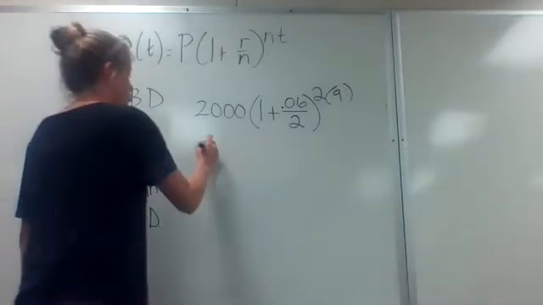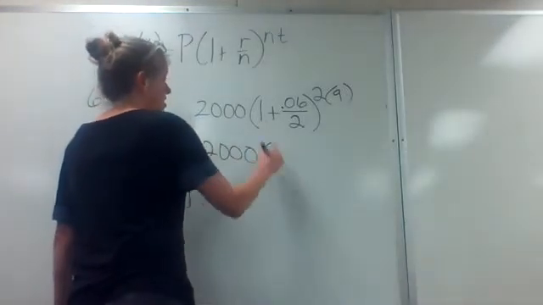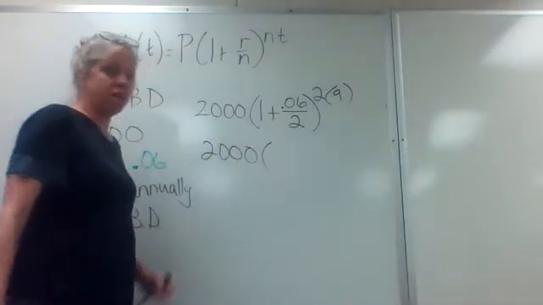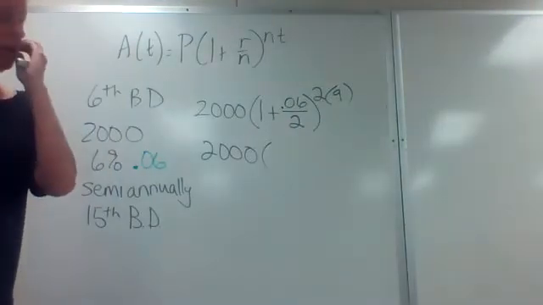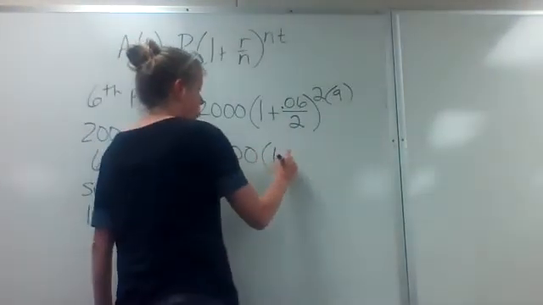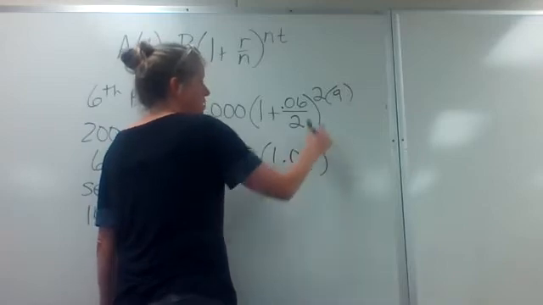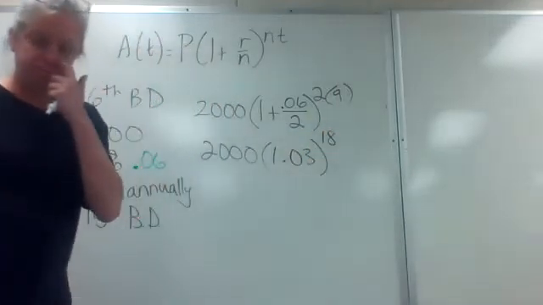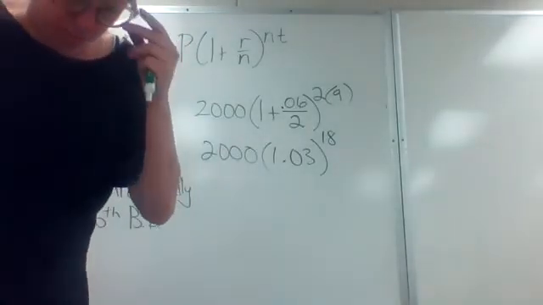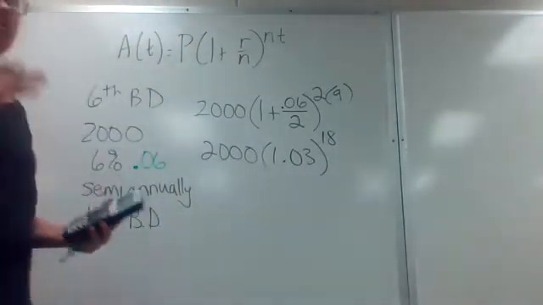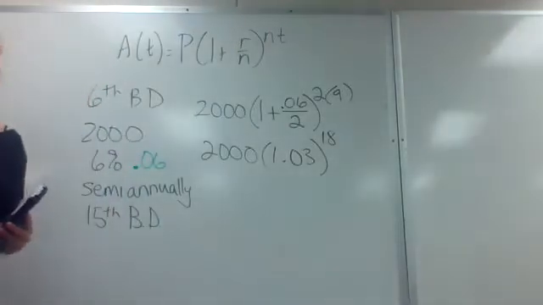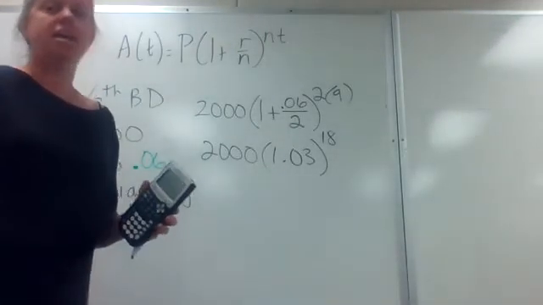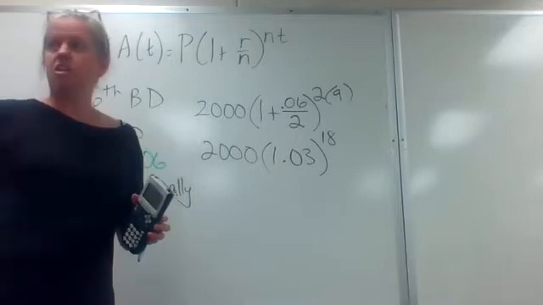So let's see, 2000. You put this 1 plus 0.06 over 2 in your calculator, you'll have 1.03 to the 18th power. And this one wants me to round it to the nearest cent. So you always got to be careful and make sure you are looking at how it wants you to round it. That last problem wanted you to round it to the nearest dollar.